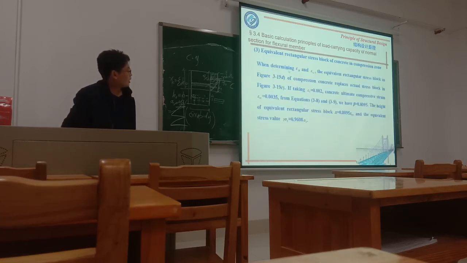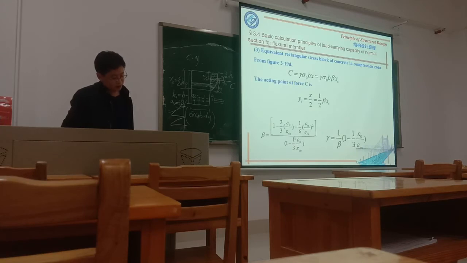So when determining epsilon 0 and epsilon cu, the equivalent rectangular stress block of the compression will replace the actual stress block in this figure. Because in this formula, the only things we don't know are epsilon 0 and epsilon cu.